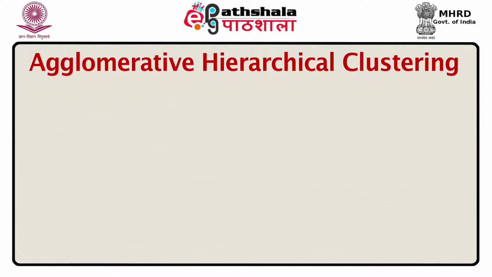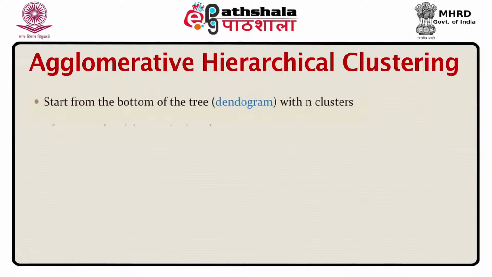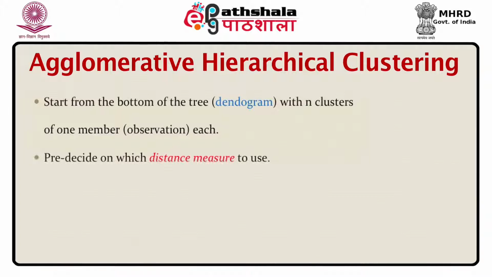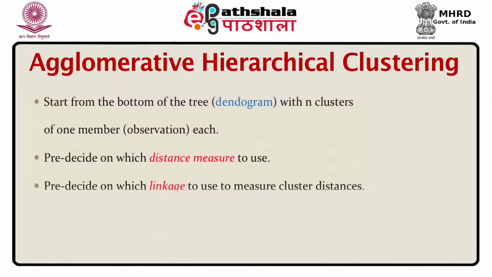In agglomerative hierarchical clustering, we start with n distinct clusters at the bottom of the tree or the dendrogram. We need to pre-decide on the distance measure that we are going to use. This distance measure obviously is the distance between the members or the observations.